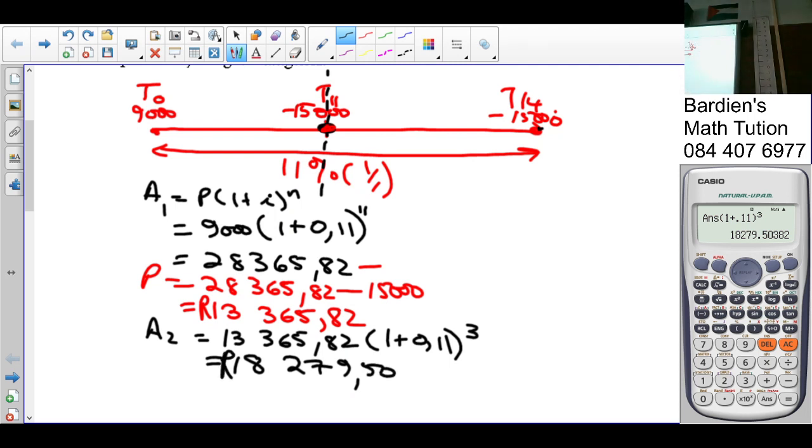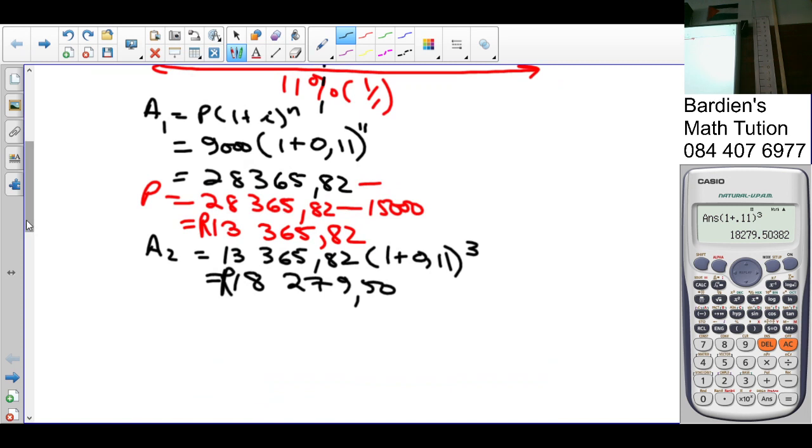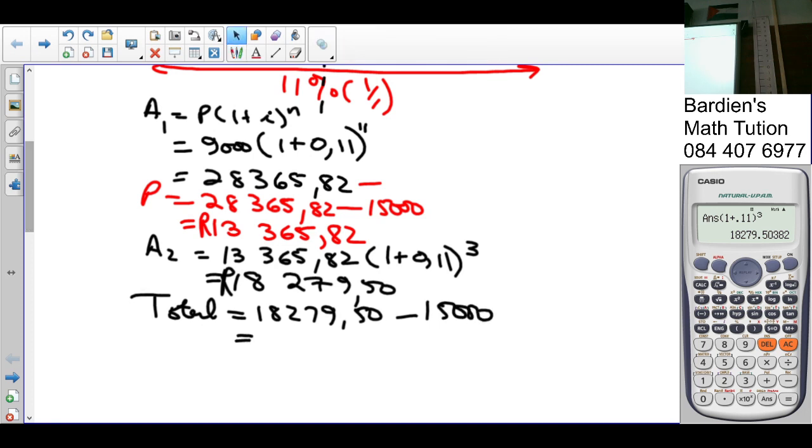So what happens now? With minus. So your total amount is going to be 18,279 and 50 cents minus the 15,000 she's giving to the younger child. It is answer minus 15,000.